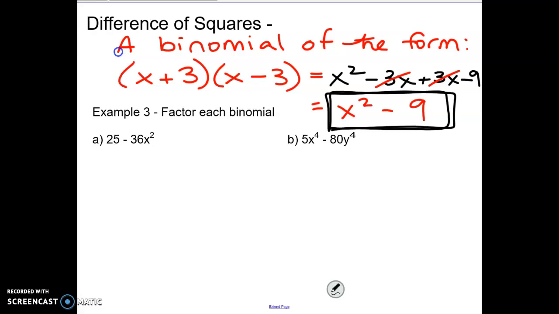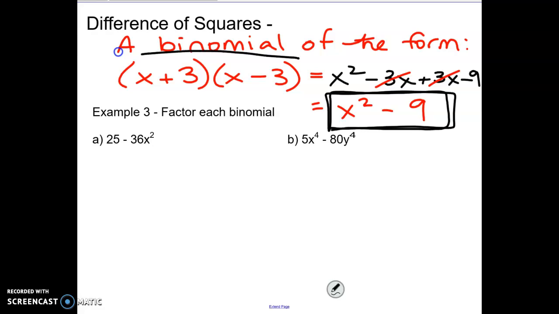Perfect square numbers, remember, we already did a unit on that, are numbers that square root nicely, like 9, 16, 25, okay? It's called a difference of squares because there's going to be a subtraction sign. Difference means subtraction. And then the back term also has to be a perfect square. So whenever you have a perfect square, subtract another perfect square, you can use this pattern.